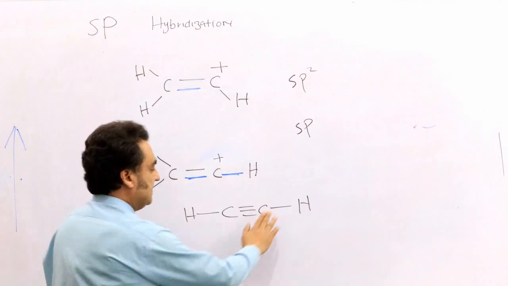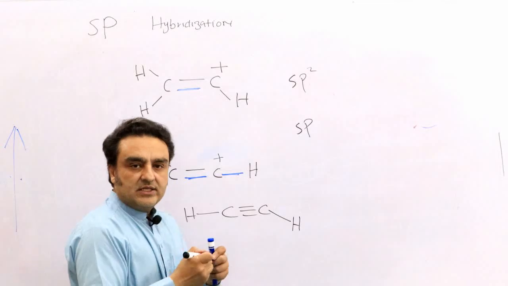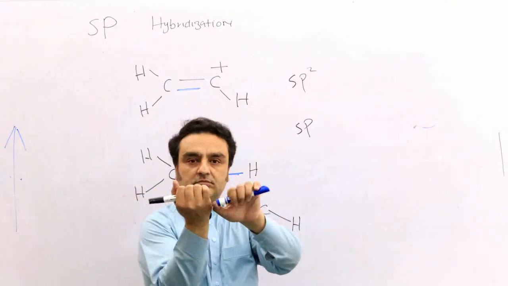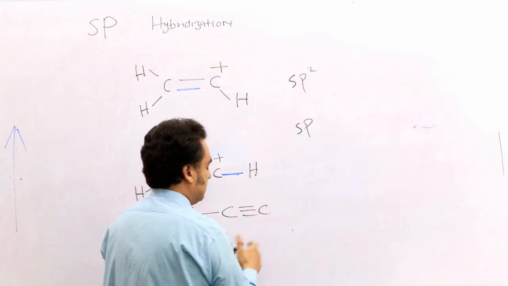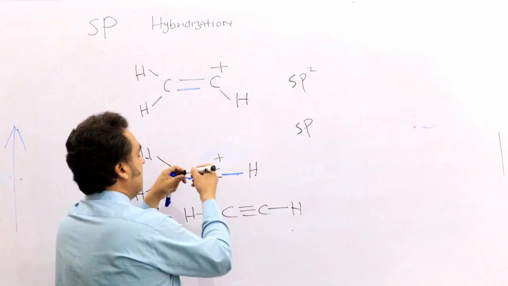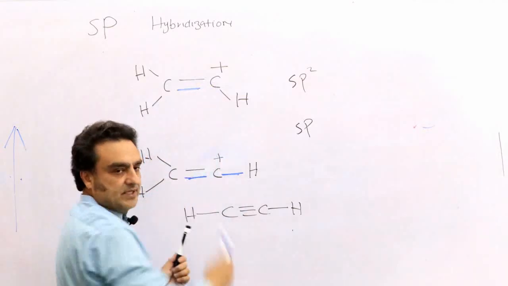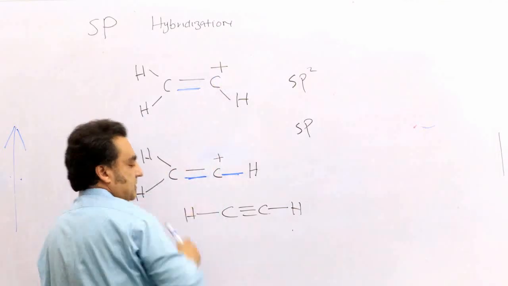If someone writes it bent, it is wrong, because those orbitals are straight at 180 degrees. So this is the correct form. This has a hybridization of sp. This is sp2, and this is the molecule with the positive charge.